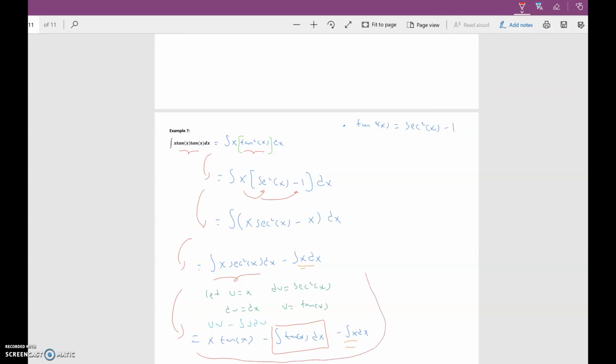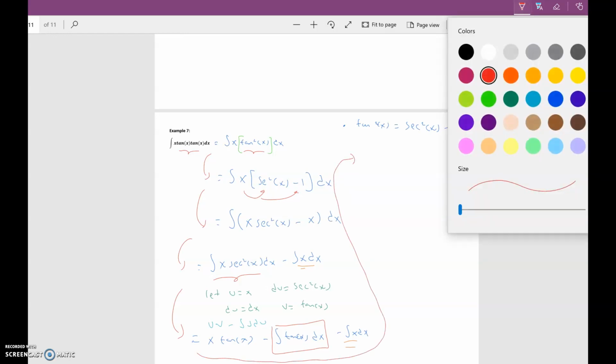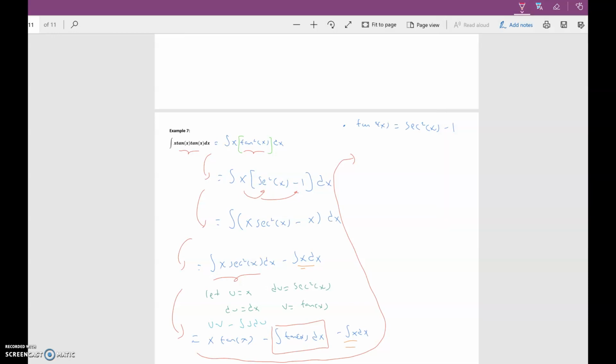Let me rewrite this one. We're going to end up with x tangent of x minus the integral of tangent, which has a ln. So it's going to have a minus ln cosine of x, minus, I'm just going to write it as a plus, minus x squared over 2 plus c.